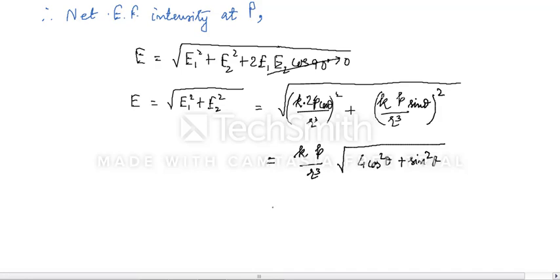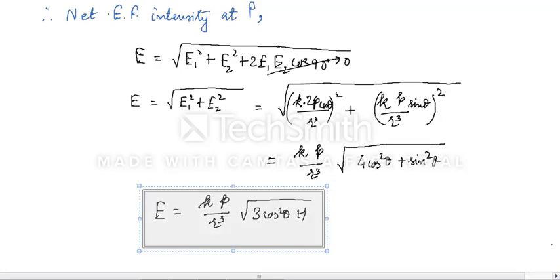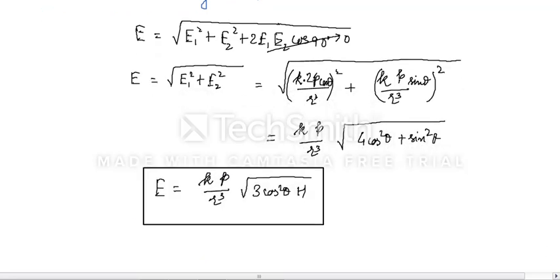So we can write the electric field E as Kp by R cube root under 3 cos square theta plus 1. So this is the expression of electric field intensity at any point due to the electric dipole.